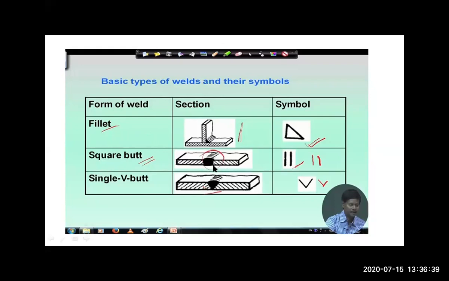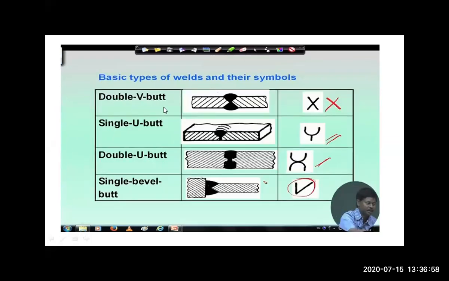So they have filled in a square portion. So the shape is like this, a square. Now single V butt. See, the plates are attached and the welding is done in the form of a V here. So the symbol is V. Again, double V butt. See, you can see here.